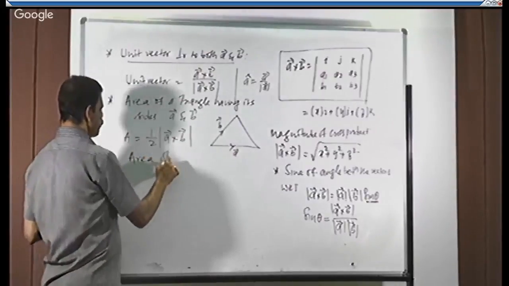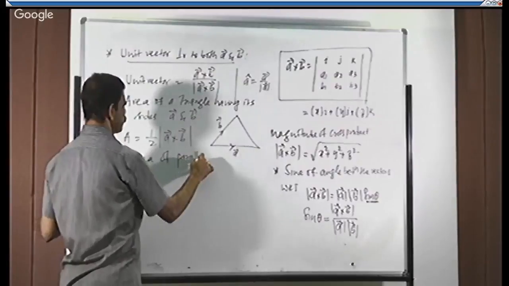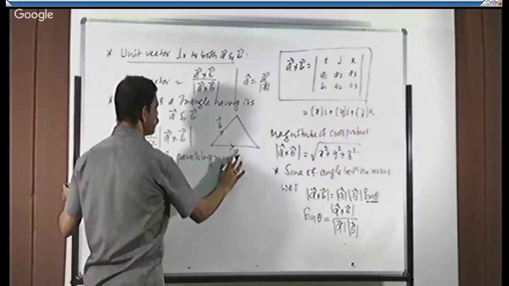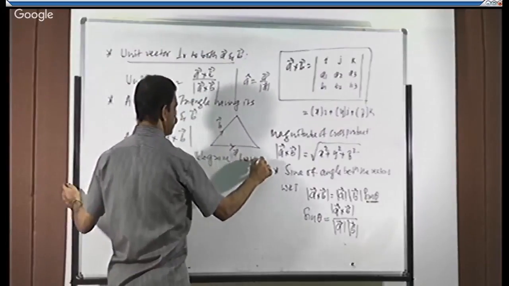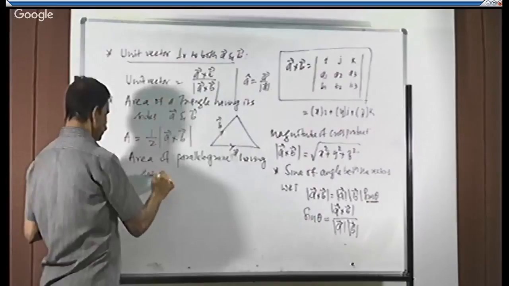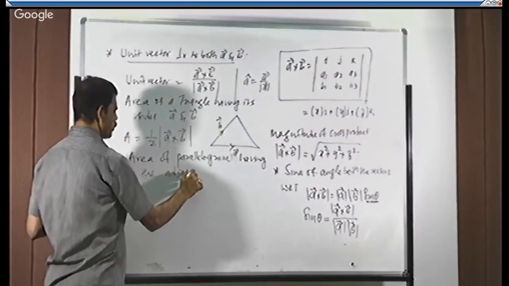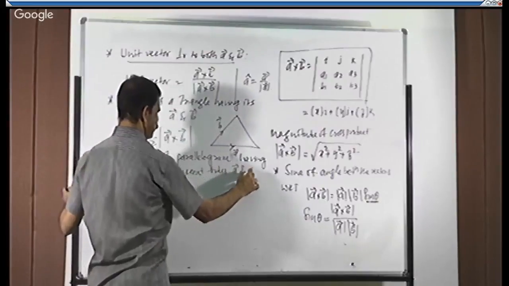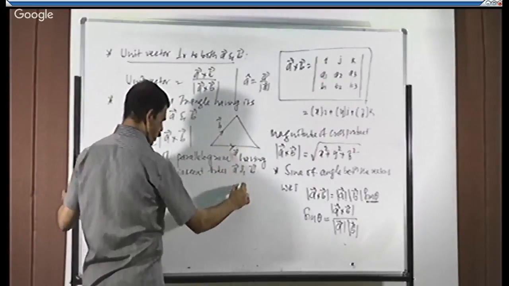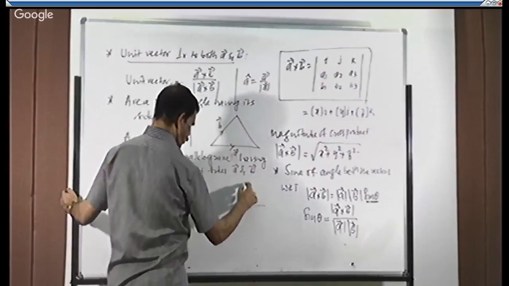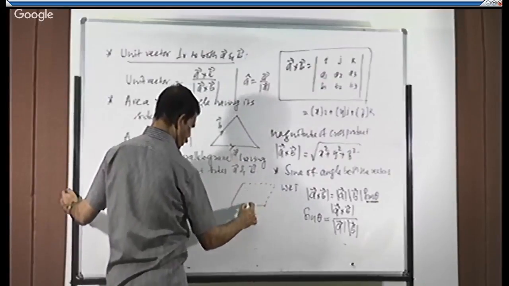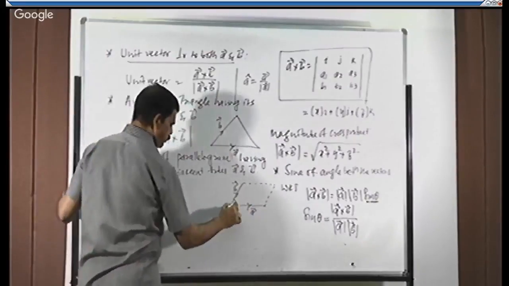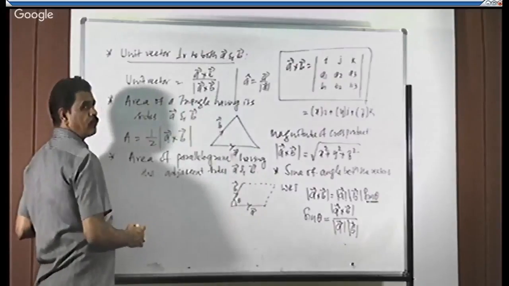Area of a parallelogram having the adjacent sides A and B. Suppose in a parallelogram, I know the adjacent sides A and B. With this I can write its area.